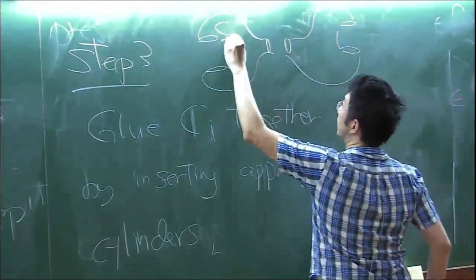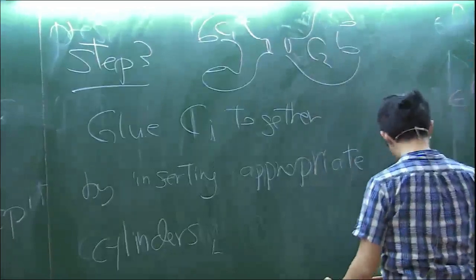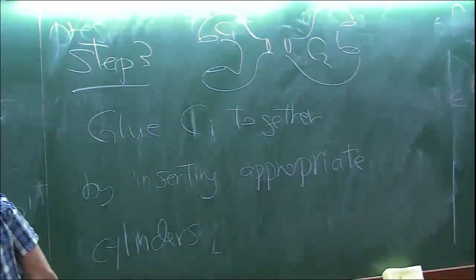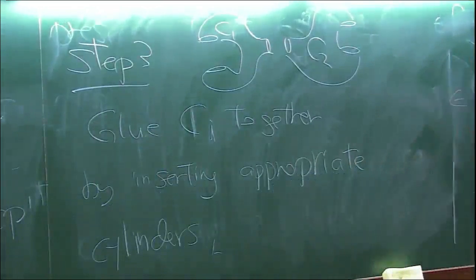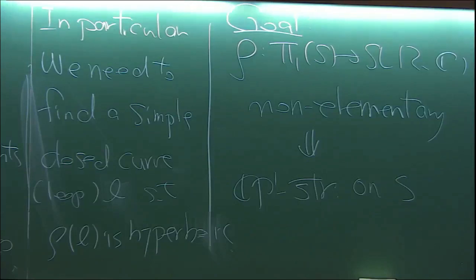We have this C1, C2. Somehow a CP1 structure is defined up to the action of PSL2C, but we already fixed that. We take a nice representative of this representation in the conjugacy class, so we cannot move around the pairs of pants.